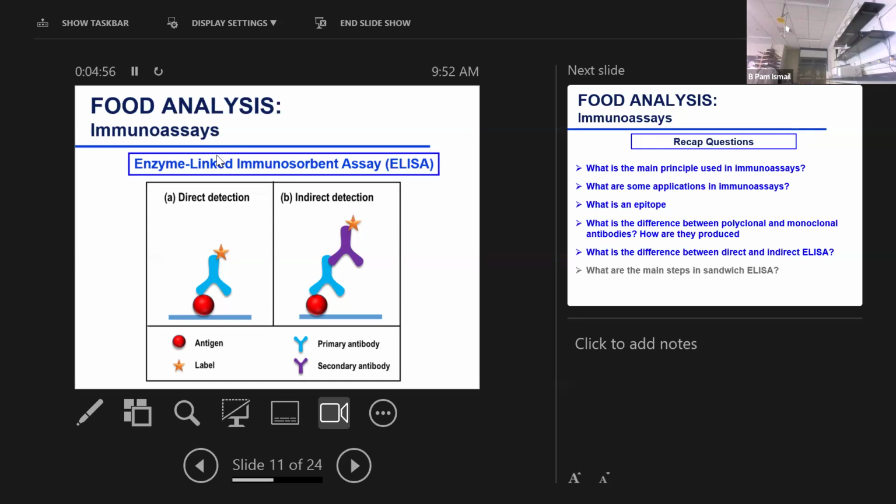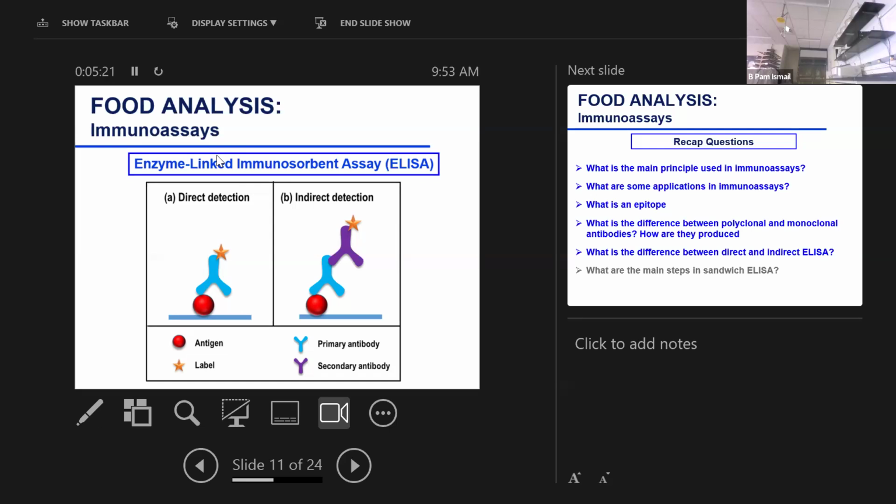When the capture antibody or the primary antibody is not labeled, but we buy an antibody that is labeled, and this antibody recognizes this unlabeled antibody, the primary antibody becomes the antigen to the labeled antibody.